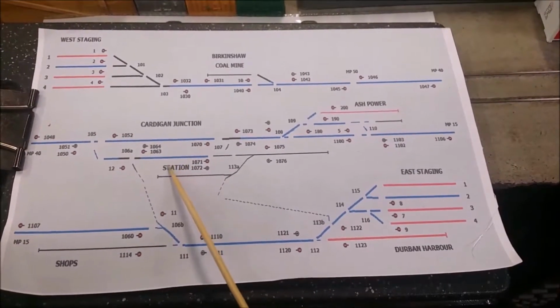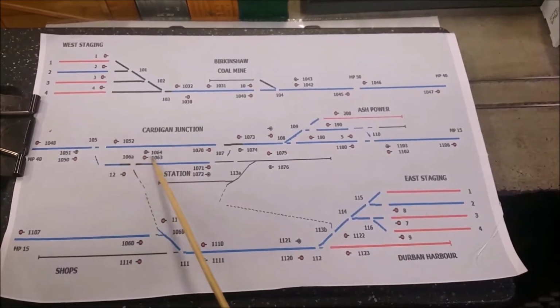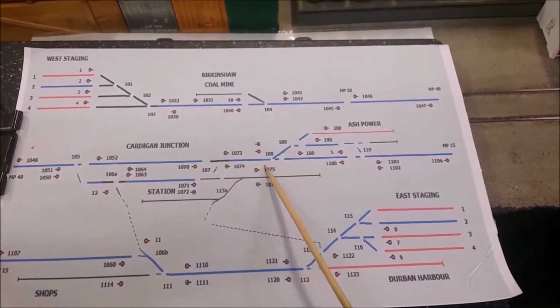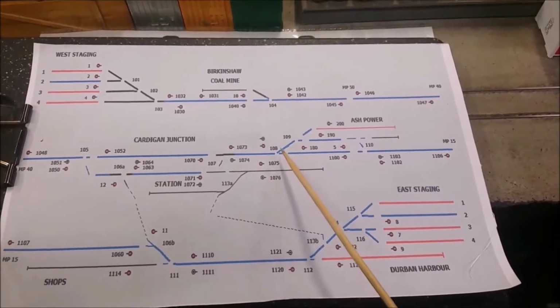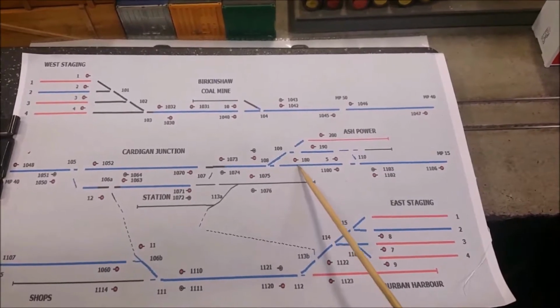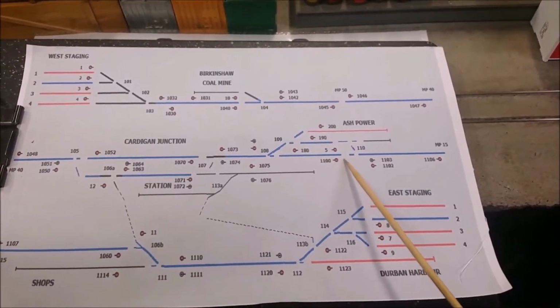The passenger trains can come into the station on this line, and the main passing line is this one here. Leaving Cardigan Junction, we then pass up to the higher level, and we pass the Ash Power.